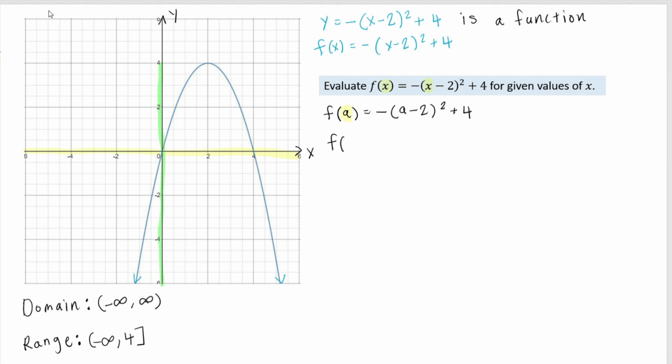Let's evaluate f of 2x. We need to substitute 2x into x.